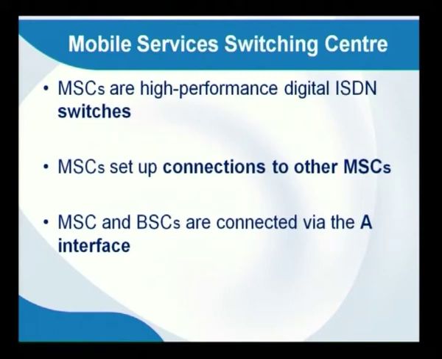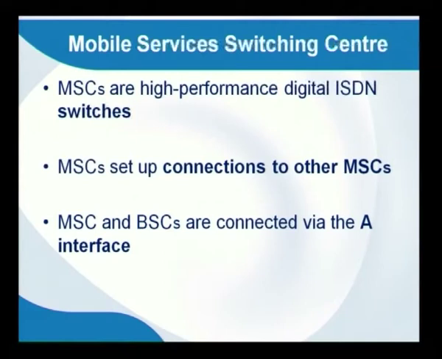MSCs set up the connections to the other MSCs. As I already mentioned, two MSCs can be connected within the GSM network itself. So, the connections can be transferred between two mobile switching centers, and MSCs and BSCs are connected. As I already mentioned, the base station controllers are directly connected with the MSC through the A interface. A single MSC can control several BSCs.